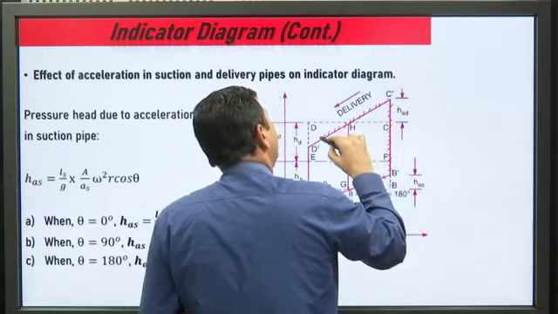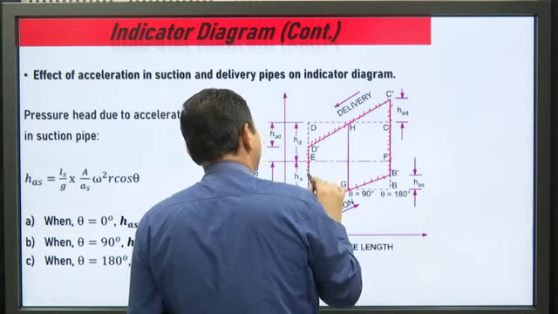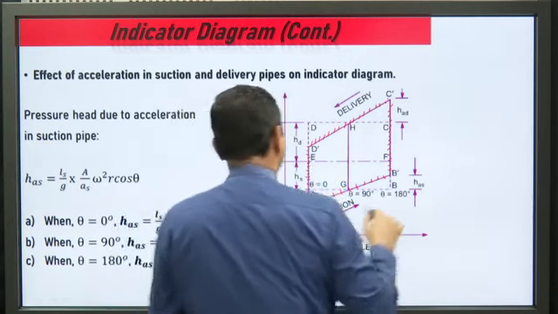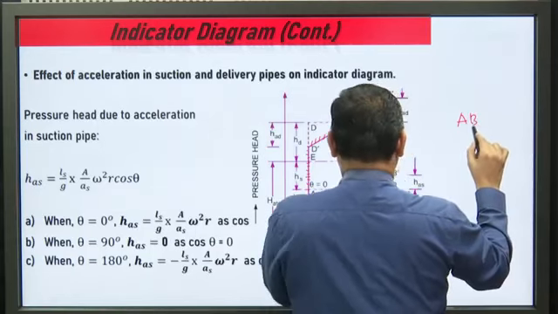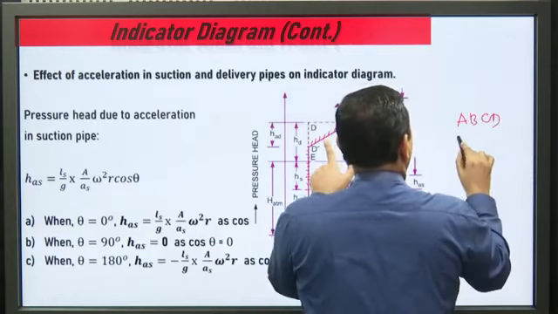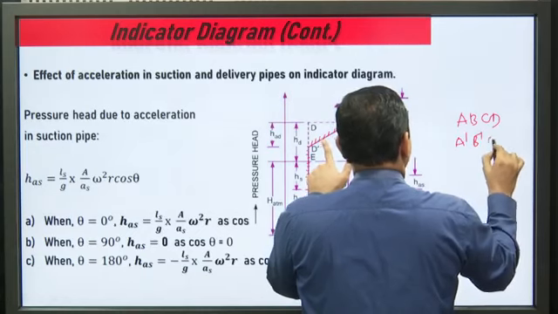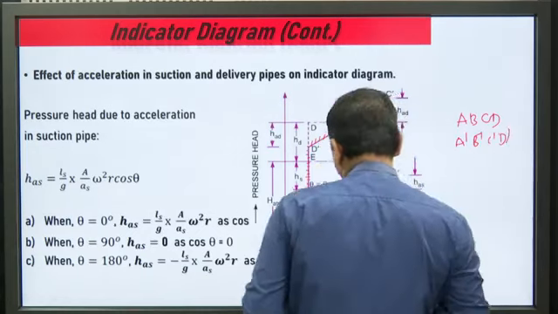This one is the new indicator diagram. Before that, it was A, B, C, D. Now it is A dash, B dash, C dash, D dash.